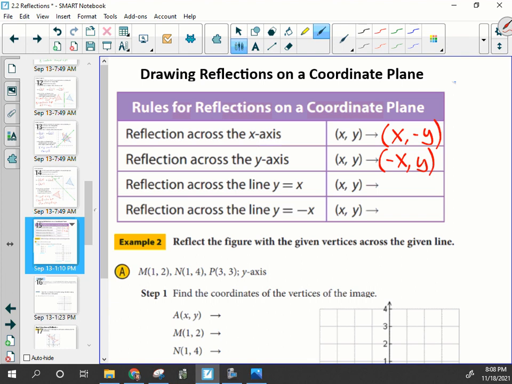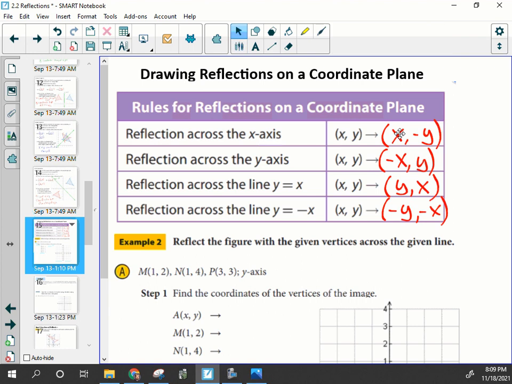When I reflected across the line y equals x, I flip-flop x and y, so it becomes y, x. And a reflection across the line y equals negative x, I flipped them and I changed the sign, so it becomes negative y, negative x.